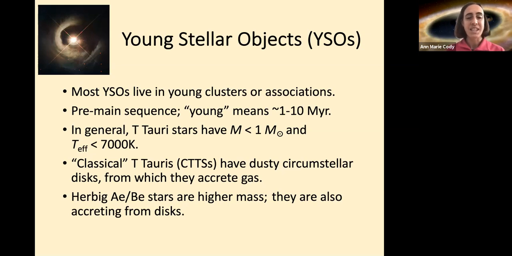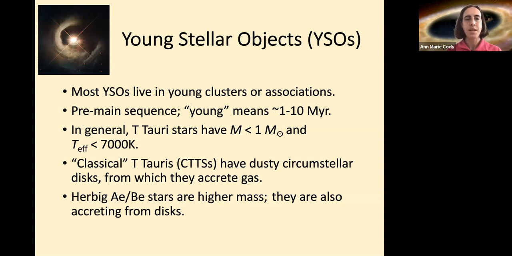More specifically, the classical T Tauri stars still retain the dust and gas from which they were born in the form of circumstellar disks, and they accrete gas from the inner circumstellar disk onto their surface. At higher mass, we have the Herbig AeBe stars, where e stands for emission line. Those emission lines are also produced by accretion, like the lower mass counterparts, the classical T Tauri stars.